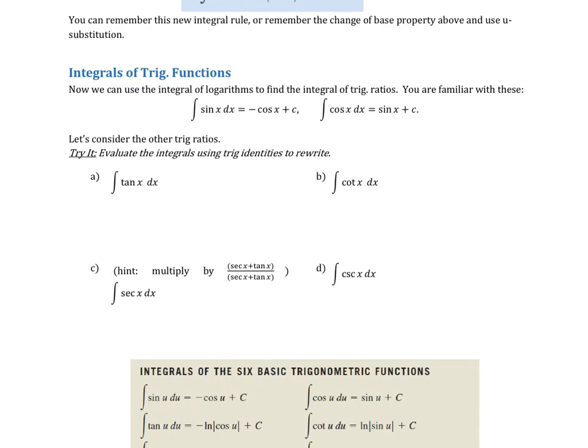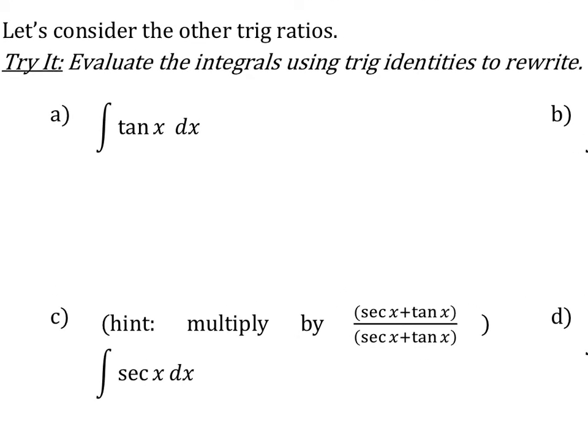A couple integrals of trig functions now. We're familiar with this. The antiderivative of sine is negative cosine. The antiderivative of cosine is sine. We can use those to evaluate these here, and we can come up with some shortcuts to remember. Tangent we know is sine x over cosine x dx.